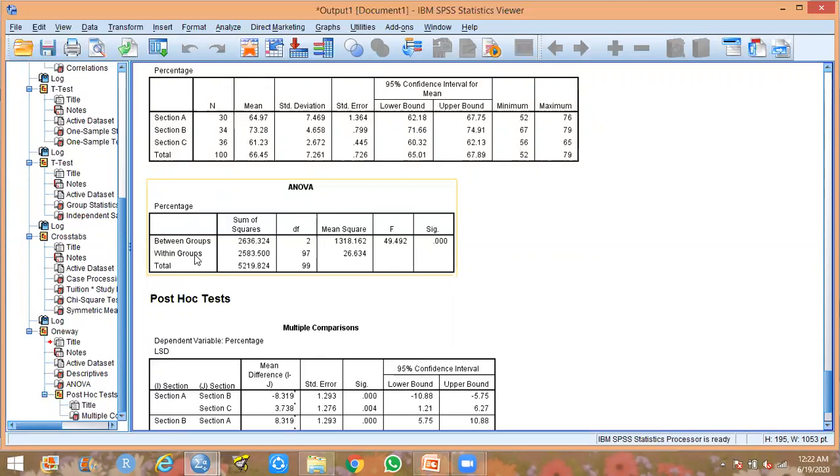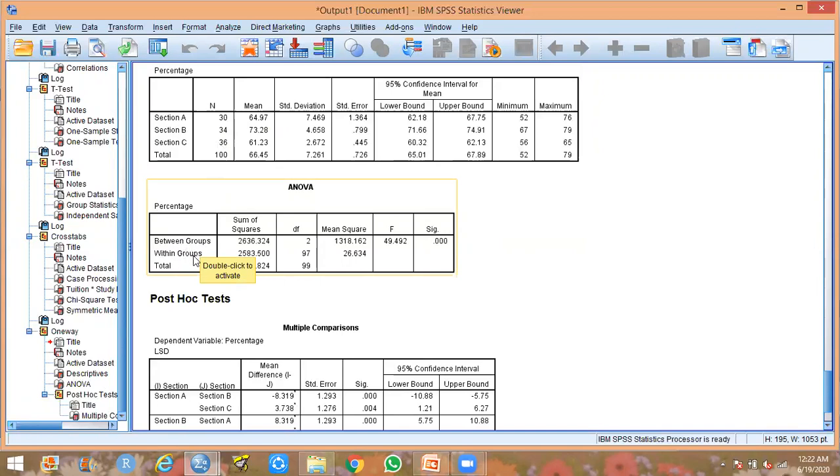How many students are there in section A? 30 students. For these 30 students there could be some difference in percentage of marks, and that is nothing but the variance. So the variation occurs between the groups and within the groups.